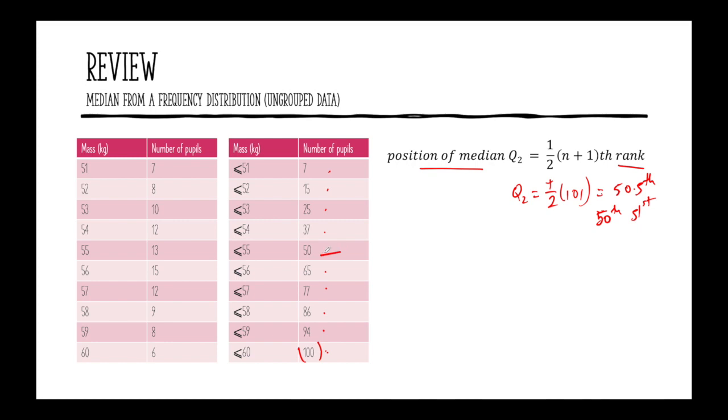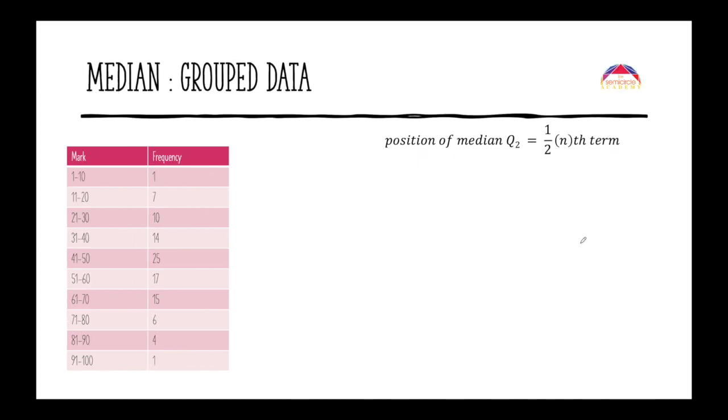We see that the 50th student is going to be in this 55 kilogram region, but the 51st student will be in the 56 kilogram region. So in order to find the true median, we now have to add these two together, divided by 2, and what we will get is 55.5. However, for grouped data, it's a little bit different, right?